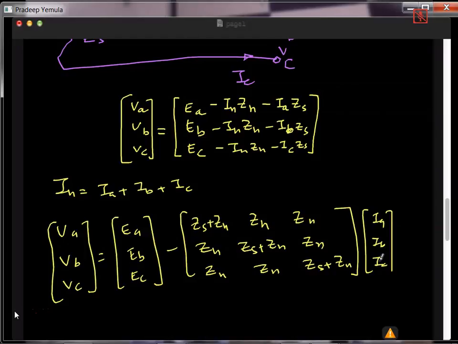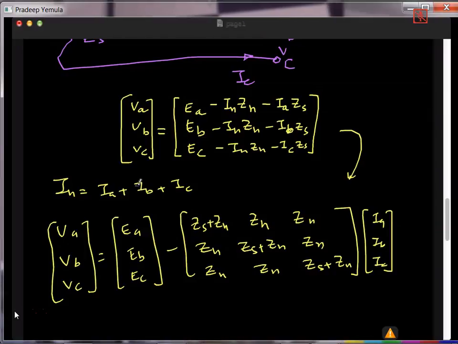So the same equation, I am just substituting this and then I am able to write it in this form. If you actually expand each of these, you will find it is exactly the same. So it's not that difficult.